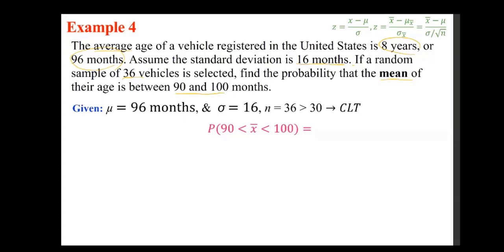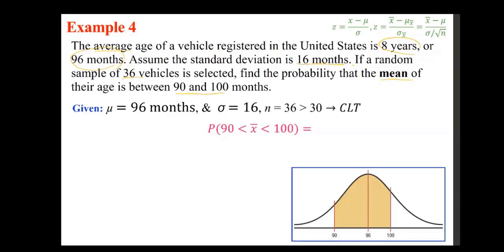For x being 100, we calculate the z-score for both cases. So again, this would be the graph, and I would stick with the z as far as graphing, because from the z, you go to the table. So you graph the z-scores, you go to the table and you look it up.